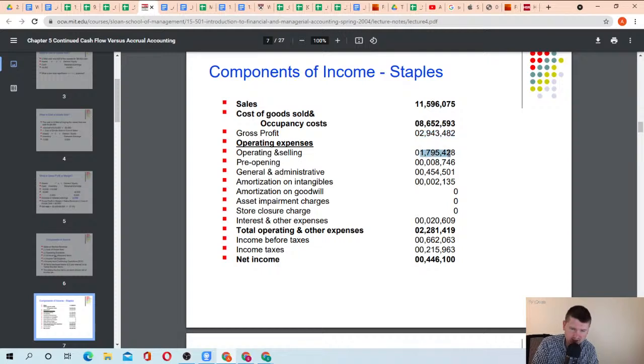Operating and selling expenses, pre-opening, general and administrative, amortization of intangibles. Depreciation of fixed assets usually sits in the cost of goods sold.